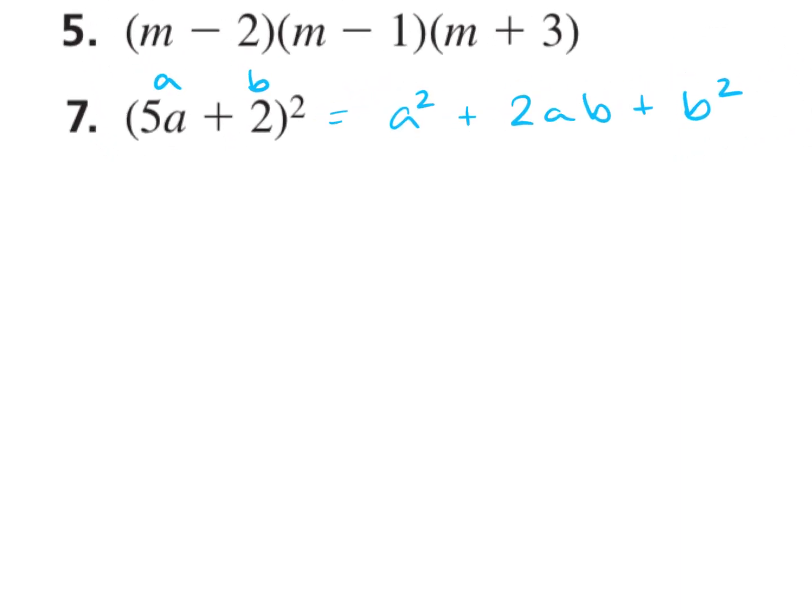So when I use my shortcut in the a squared, I'm going to put 5a. So we have 5a squared plus 2 times 5a. What's our b? 2. So times 2 plus 2 squared. What's 5a squared?